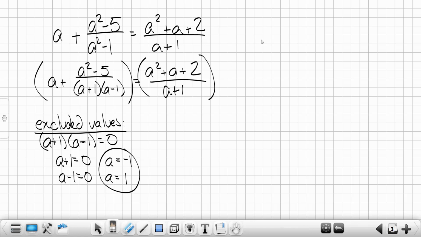A plus 1 is a denominator. This one doesn't have a denominator, so I'm fine. If I multiply this fraction here by a plus 1, will the fraction be completely canceled out? No. What else do I need then? A minus 1. There's the LCD.